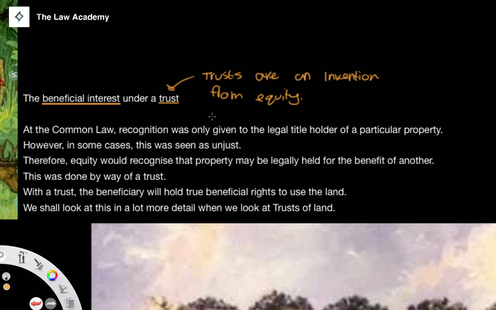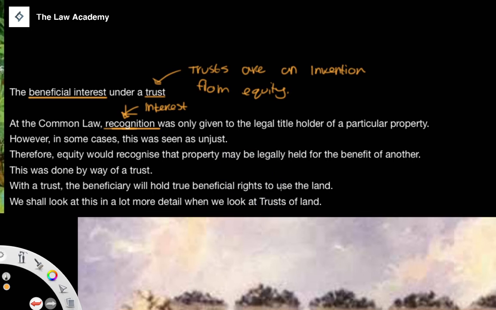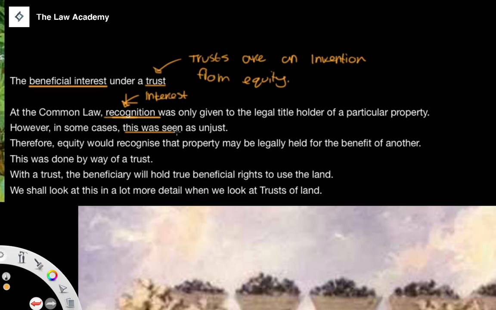At the common law, recognition of an interest was only given to the legal title holder of a particular property. However, in some cases this was seen as unjust.